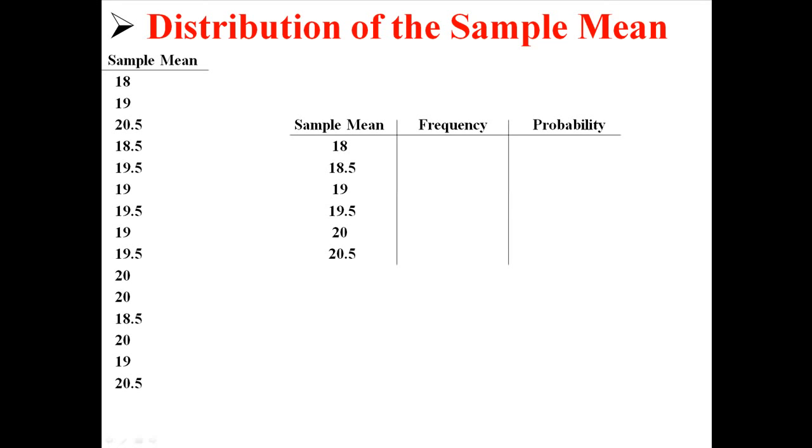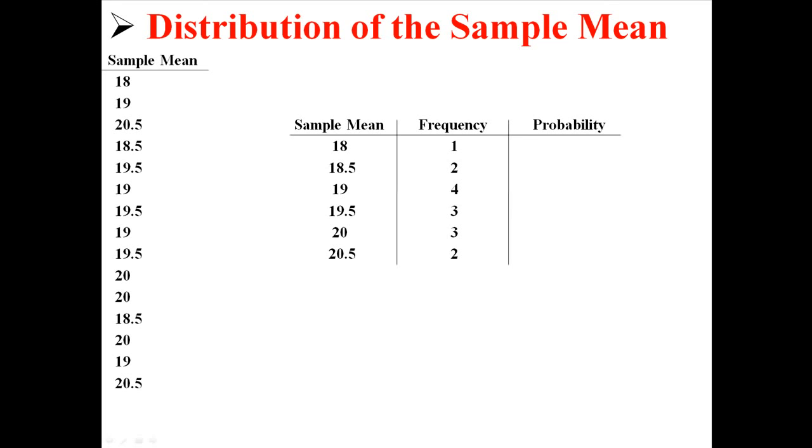So first what I'm going to do here is just list all the means that we have, and with all these means I'm going to create a probability distribution like this, where I'm going to take all the means, count how many we have, and then count the probabilities associated with each of those means. So we have 6 means here, 18 through 20.5, and we can count up the frequency. It looks like we have the most 19s and the least 18s.